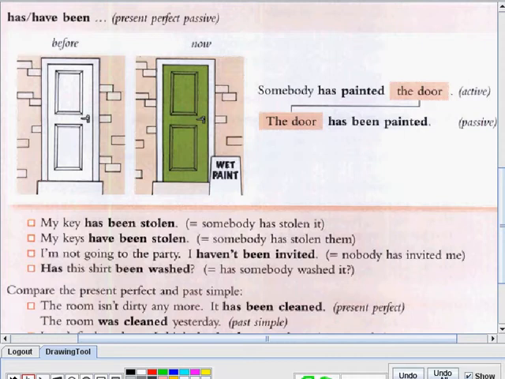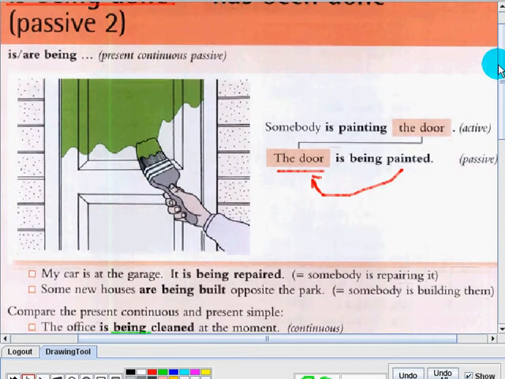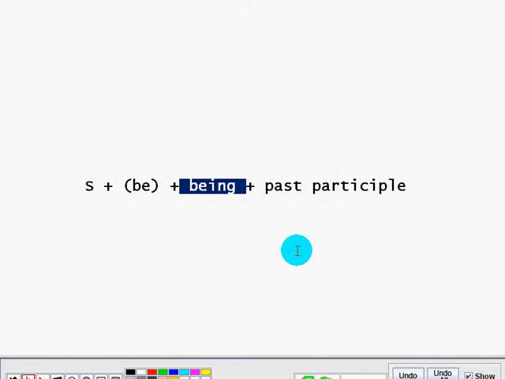Let's learn together, okay? In our previous video, we talked about present continuous in passive form. And the pattern that we have to understand is the subject, the verb be, plus the word being and past participle.